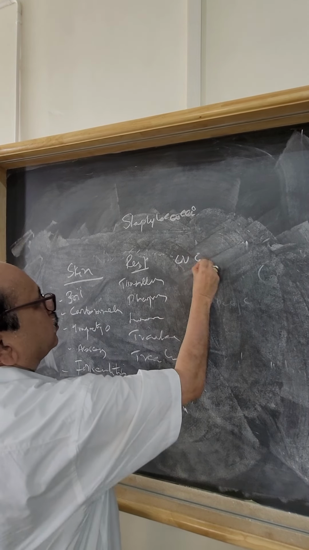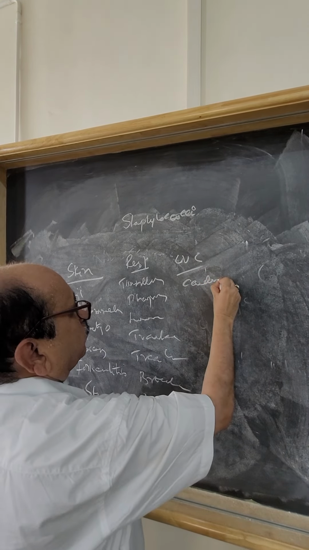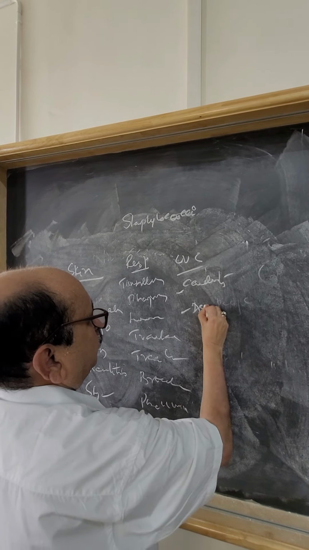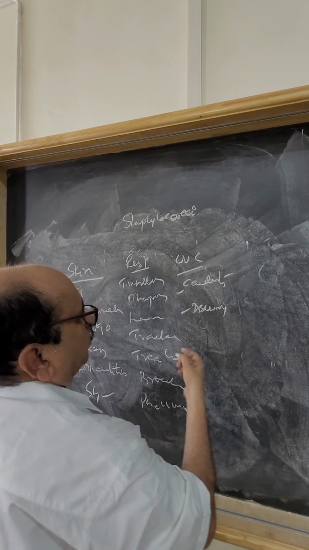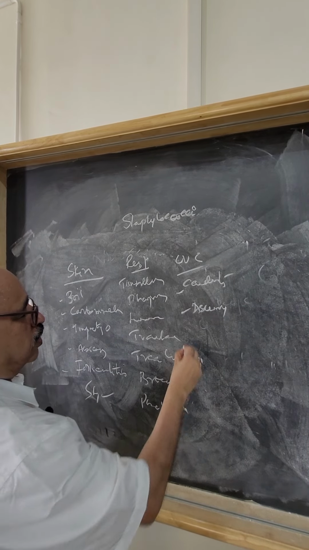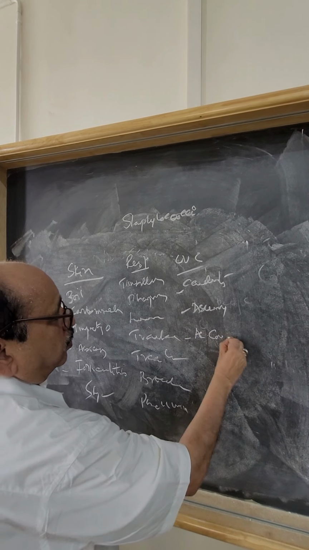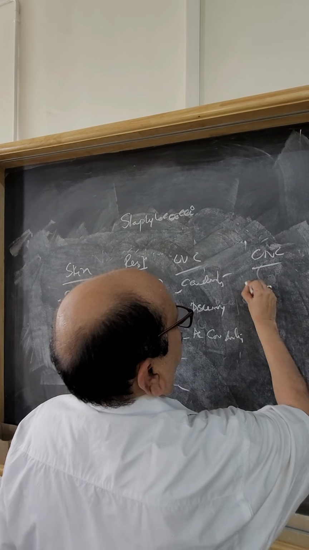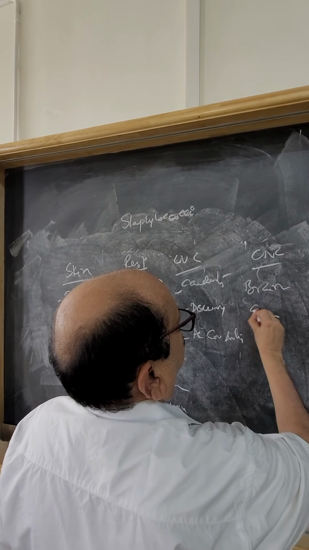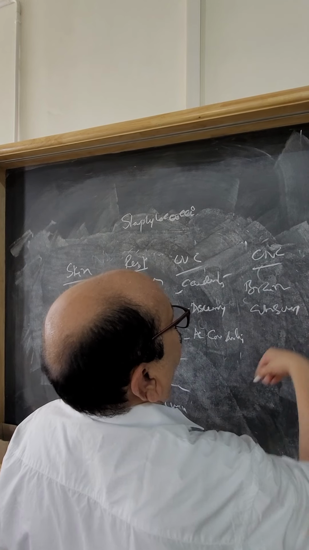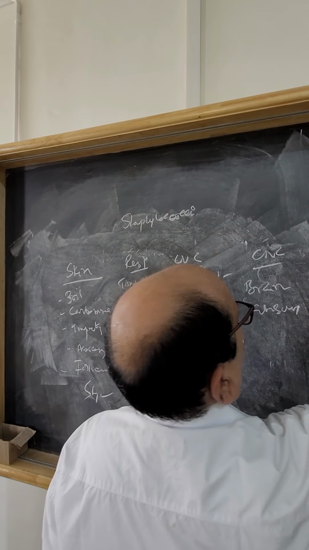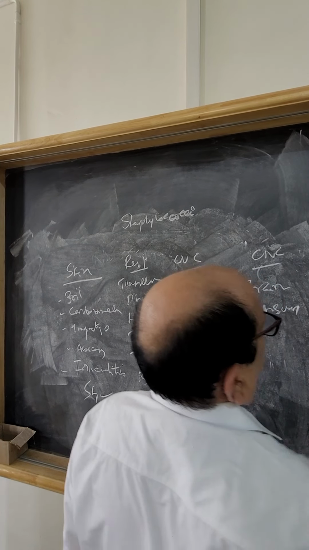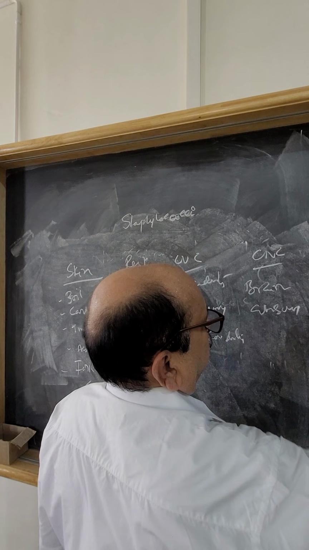Cardiovascular, it can cause carditis and abscess, and it can cause acute carditis. CNS, it can cause brain abscess. UTI, the most common organism is CoNS, coagulase negative staphylococci, along with other organisms.